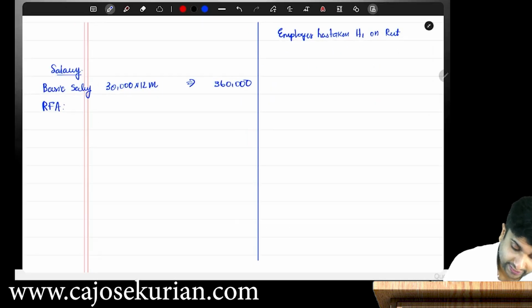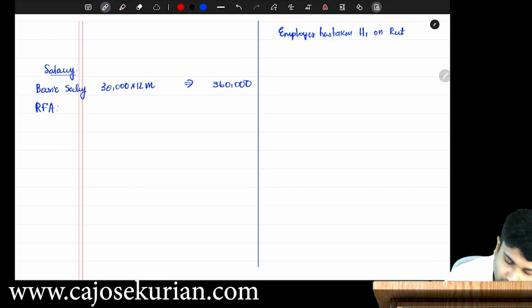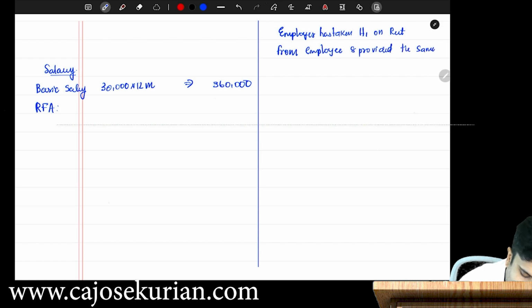I was writing this. Employer has taken house 1 on rent from employee and provided the same house as rent-free accommodation to employee.